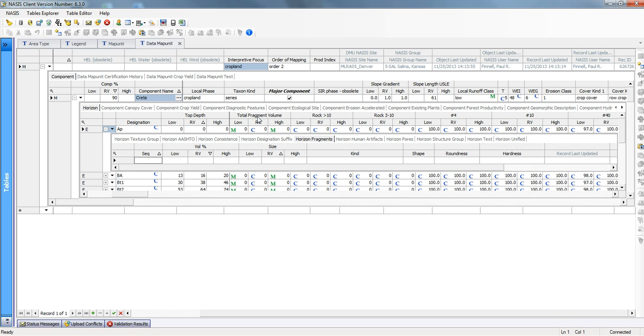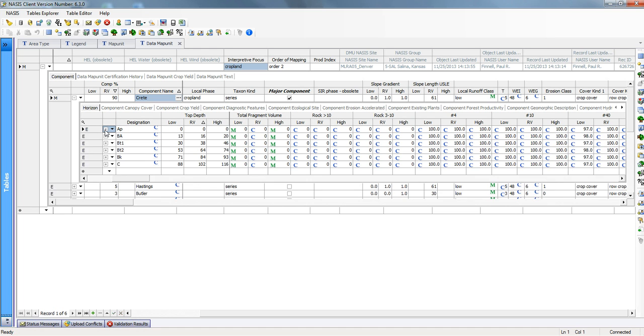And so that's the reason why the total fragment volume is available in this field, in this table, whereas it was typically historically a weight field. So you look at all the different fragment volumes that you've populated in the horizon fragment table, and then you basically calculate the representative value based off of the RV sum in that particular table. So that's the reason why total fragment volume is in the horizon table.